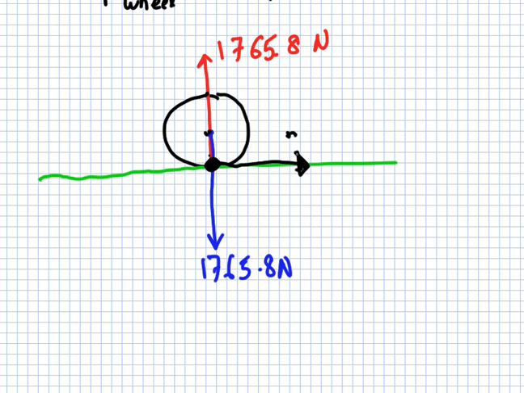Is it moving this way or that way? It's going this way. So if the wheel is turning this way, which way is the friction? Opposite. So this is why the car goes forward.